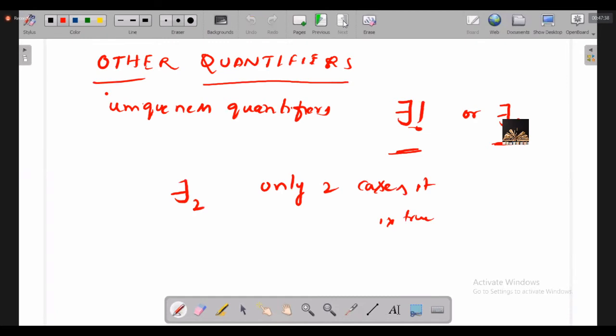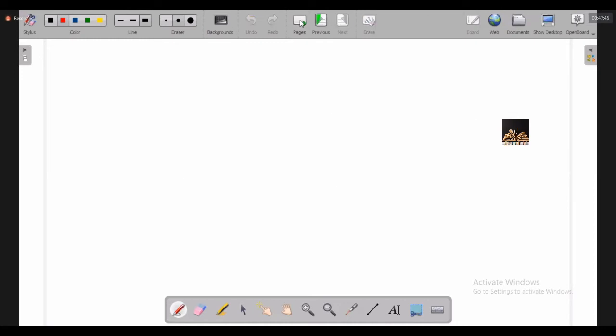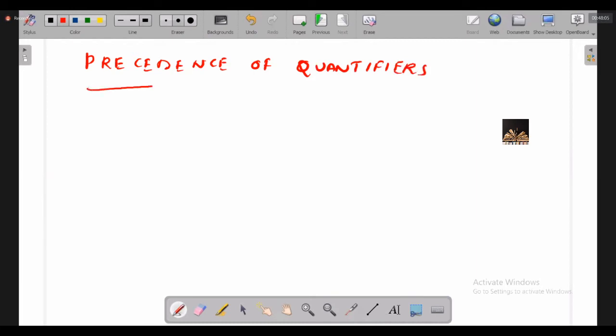Next, precedence of quantifiers. Precedence means which one is evaluated first.